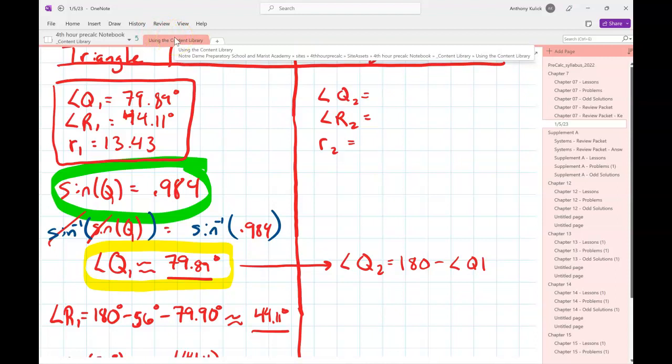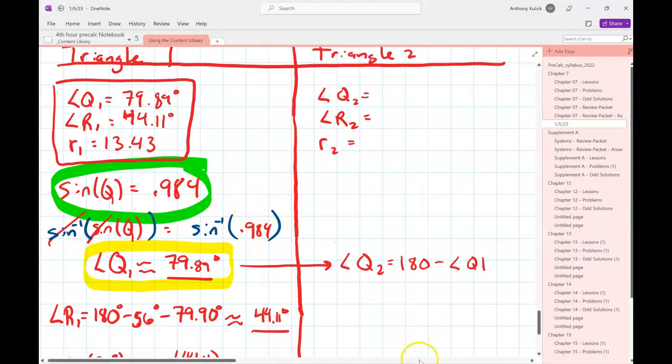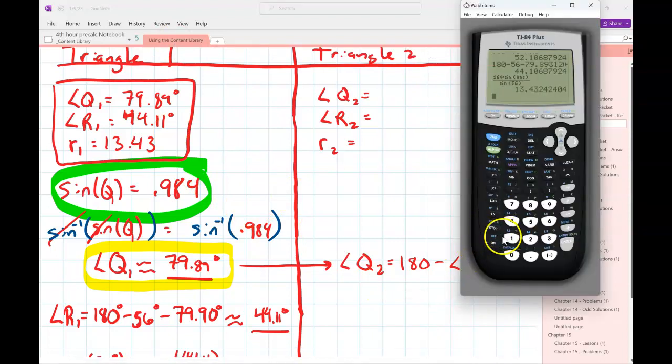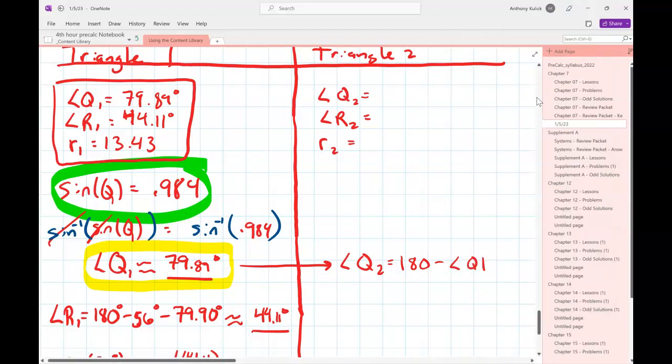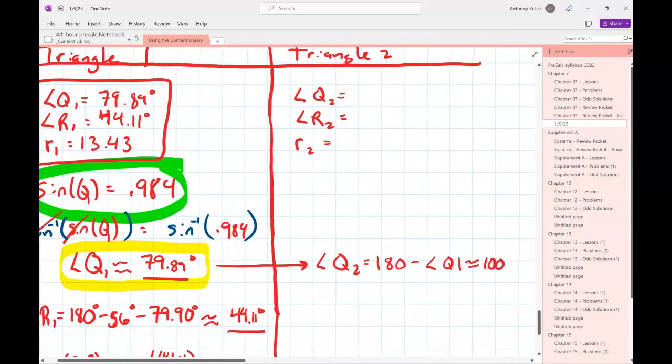Always, but only for the first angle. So that's 100.11. And boy, that was a lot easier than having to do the law of sines again, right?